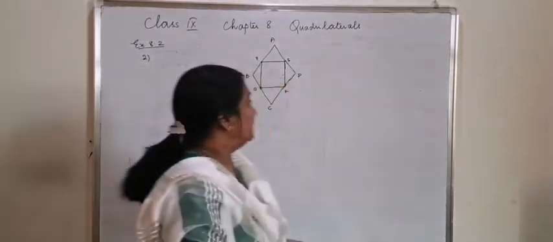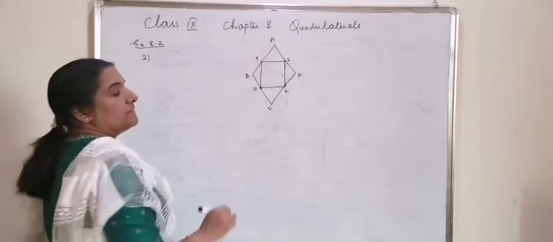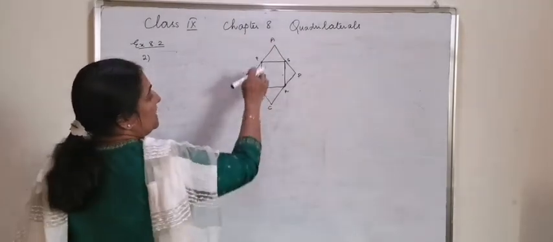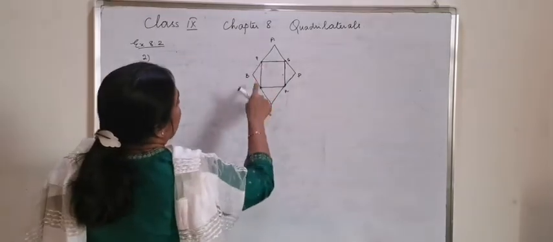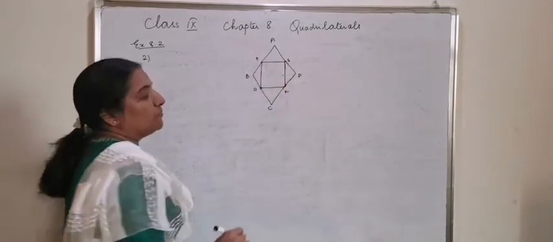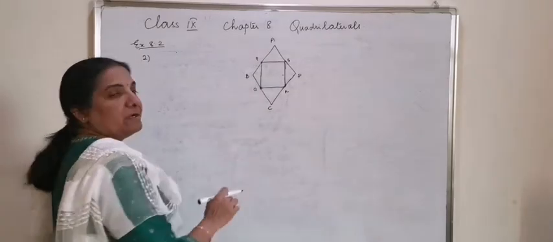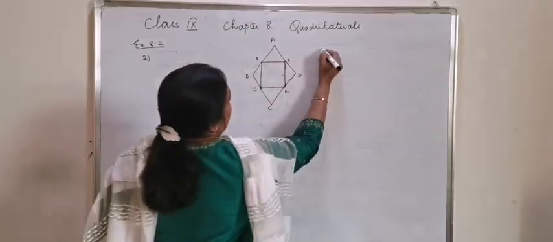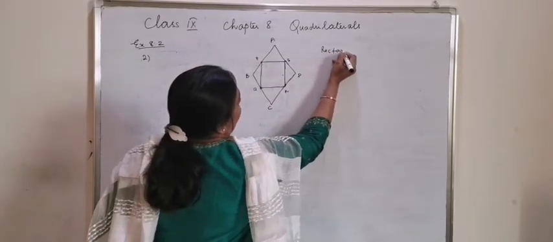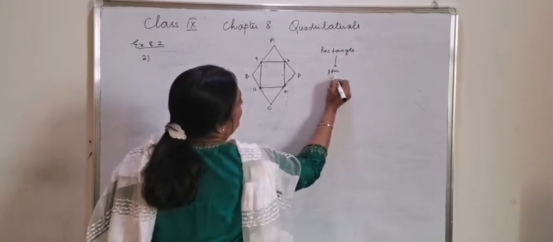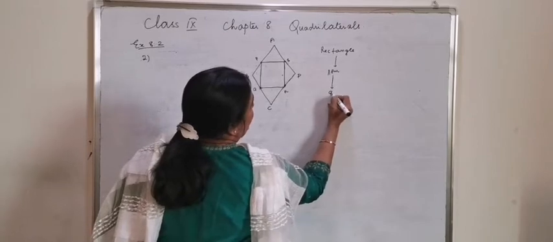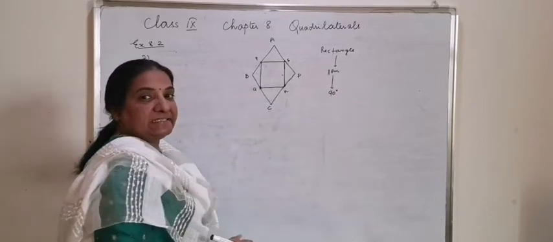So the picture: ABCD is a rhombus. P, Q, R, S are the midpoints of AB, BC, CD and DA. What we have to prove is PQRS is a rectangle. If you have to prove PQRS as a rectangle, first you should prove it as a parallelogram and then a parallelogram with any one angle 90 degree.